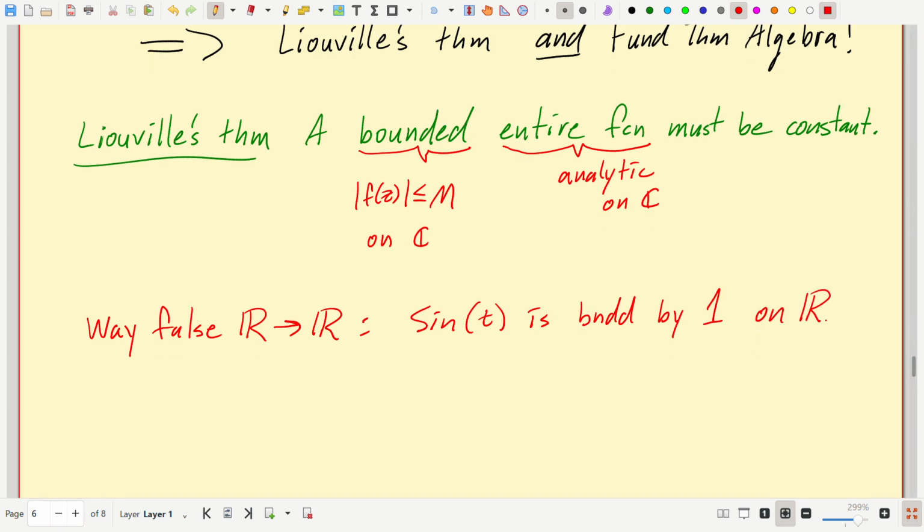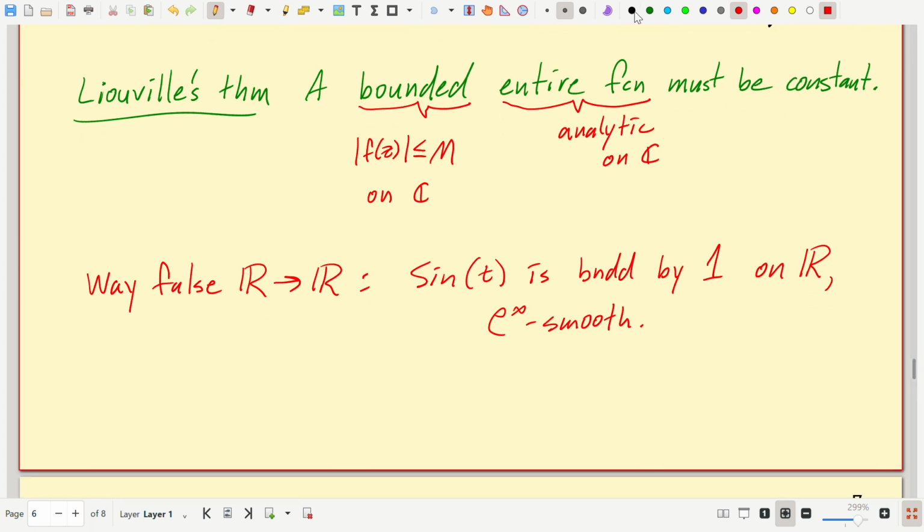In fact, it's given by a power series, and C infinity. Okay, there's no such thing in the complex setting. Being complex differentiable on the whole complex plane and bounded means you're constant. So we would consequently know that Liouville's would imply the complex version of the sine function can't be bounded.